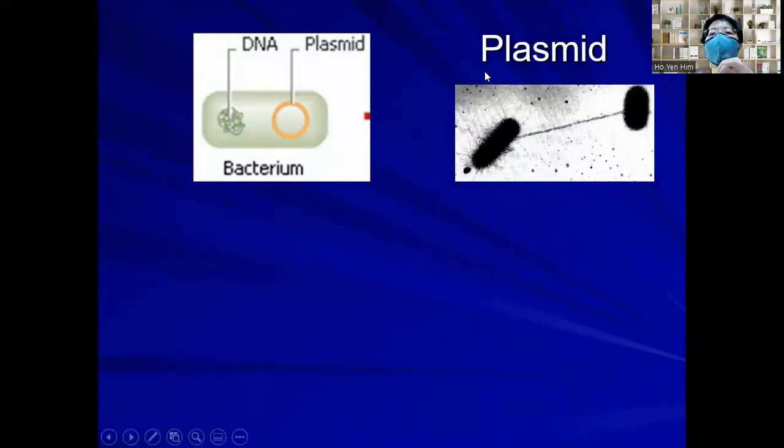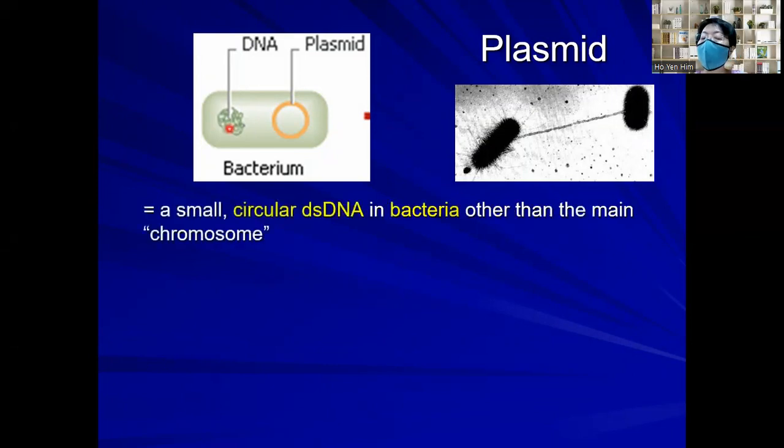So you know that a plasmid is a circular DNA that is found in bacterium, other than its original DNA, which we call chromosomal DNA. It's not called a chromosome, because this is the main DNA of the bacteria, so we call it chromosomal DNA. The main DNA of bacteria is usually the bigger one, but it's also circular.